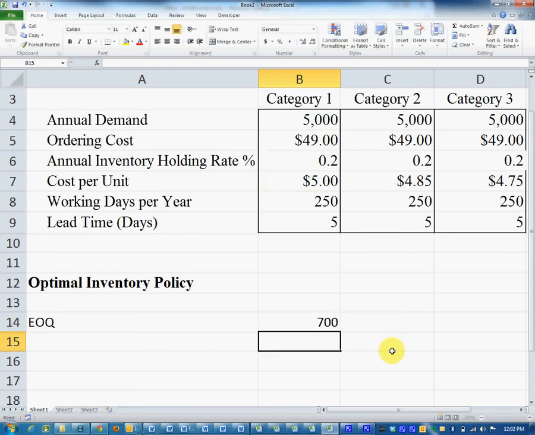Okay. 700. All right, and we'll drag this across.